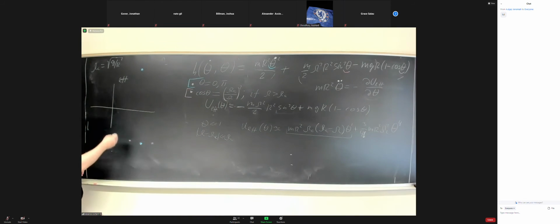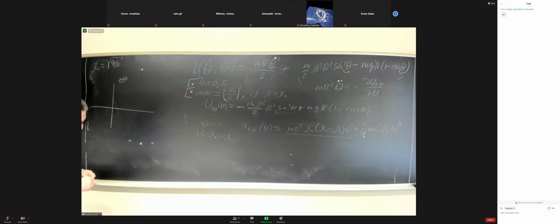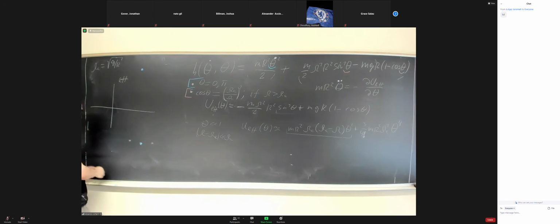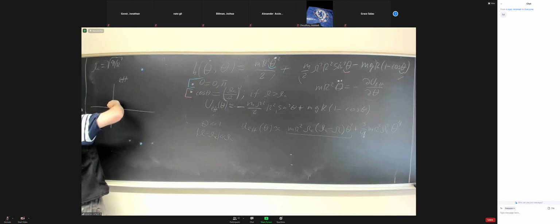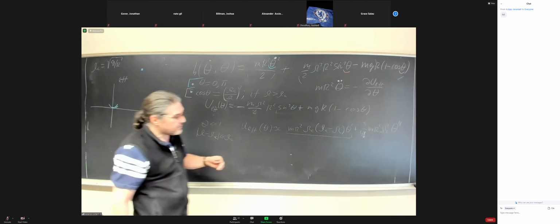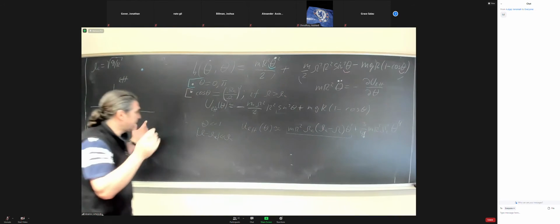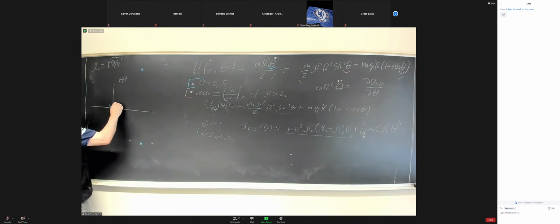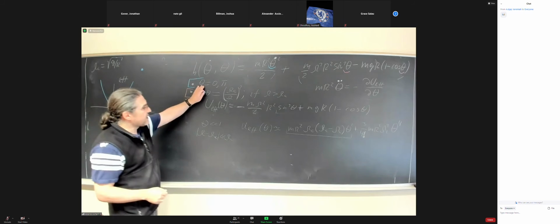So when theta is very small, what I have is this. It's just a parabola, nothing else. And then it just goes up, and as theta becomes larger and larger, it goes larger and larger. So it monotonically goes like this. So this is this case.